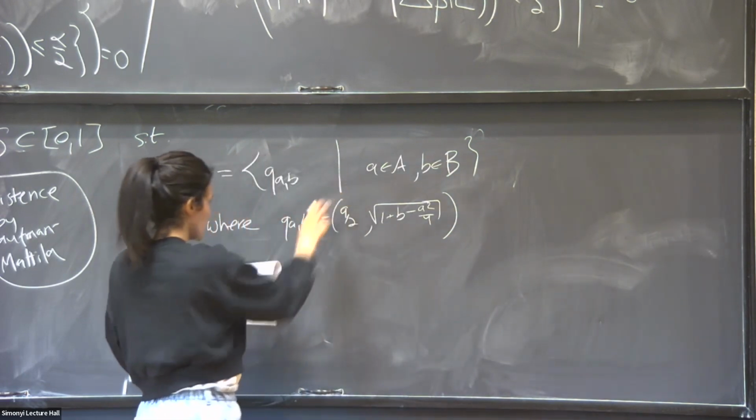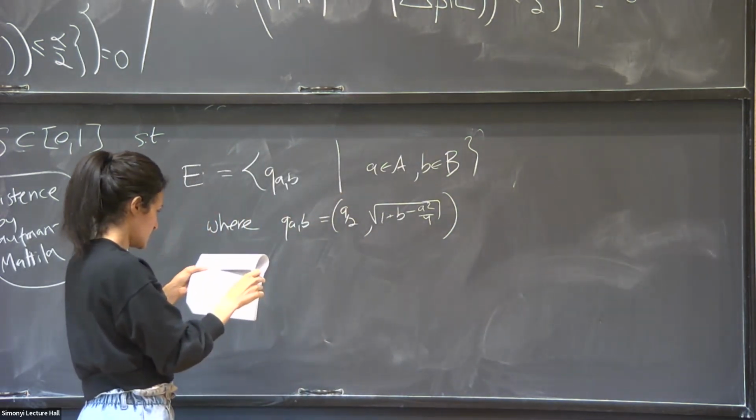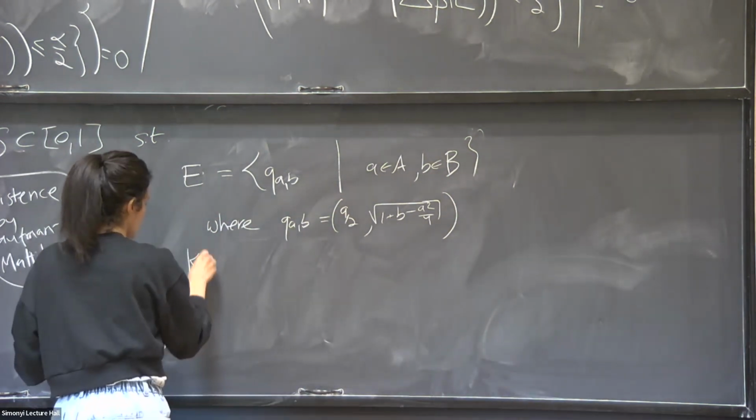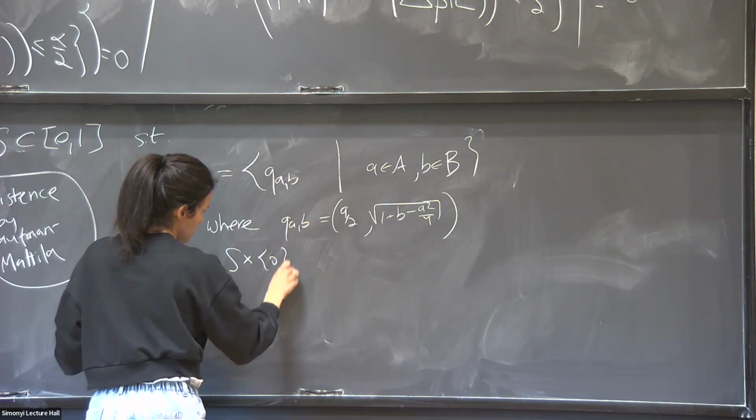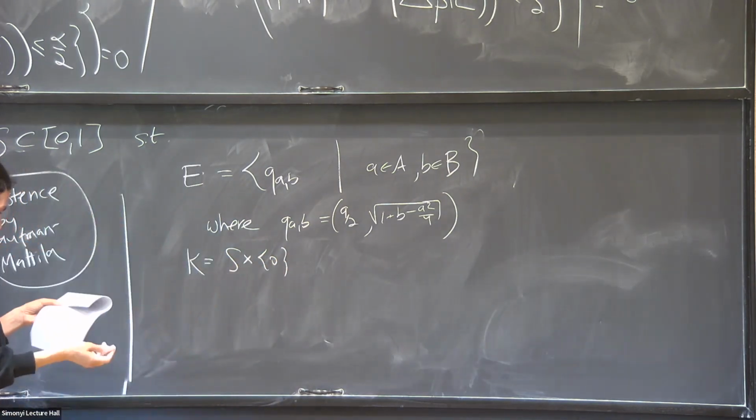So these are the points, and K will be S Cartesian product with 0, so points on the x-axis.